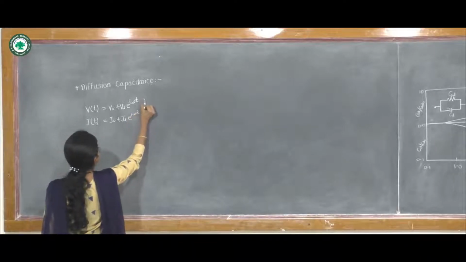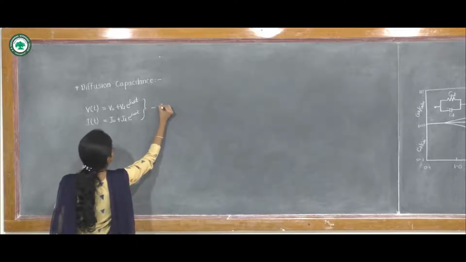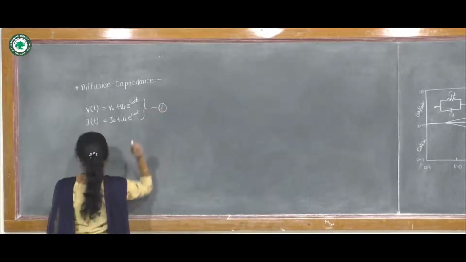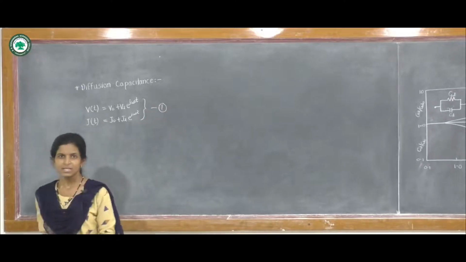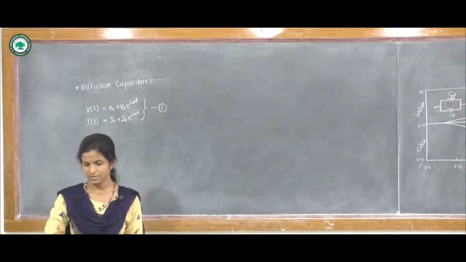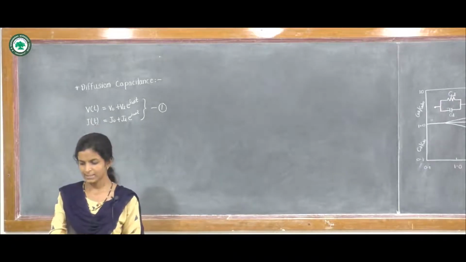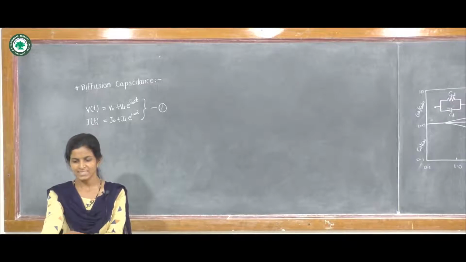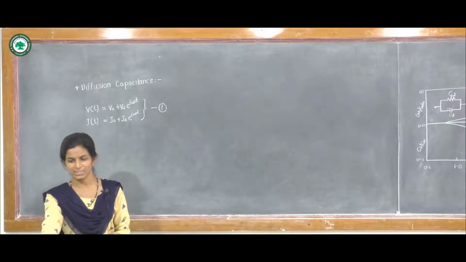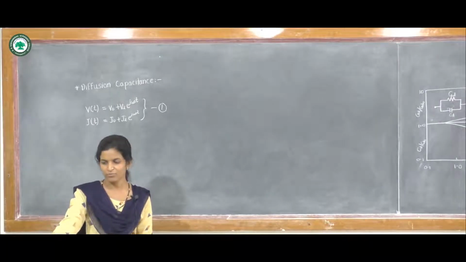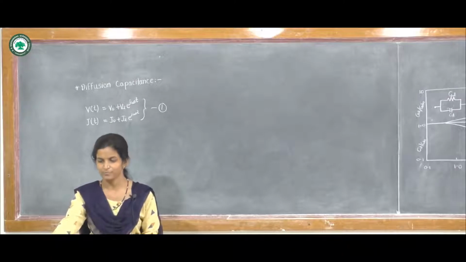These two equations comprise equation number 1, where JL and VL are the small signal amplitudes for the current density and voltage respectively.